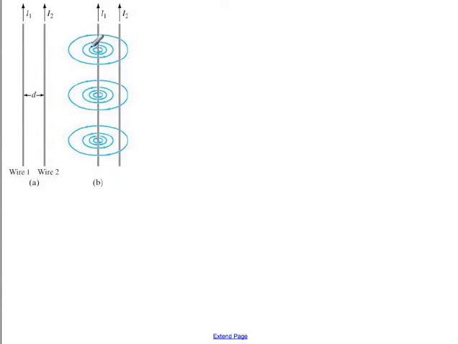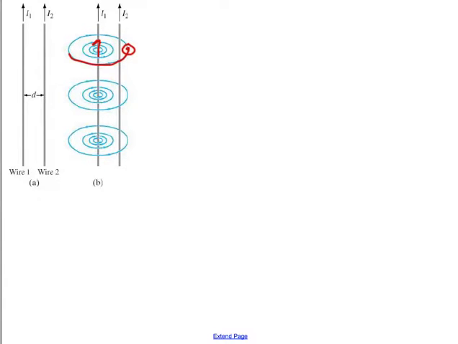And let's just think about wire 1. So you can see wire 1 on the left. So let's think about its magnetic field. If you put your thumb going this way with the right-hand rule, then you can curl your fingers, and your fingers are going to curl along here, right? And right over here, next to the second wire, you're going to have it going into the page, right?